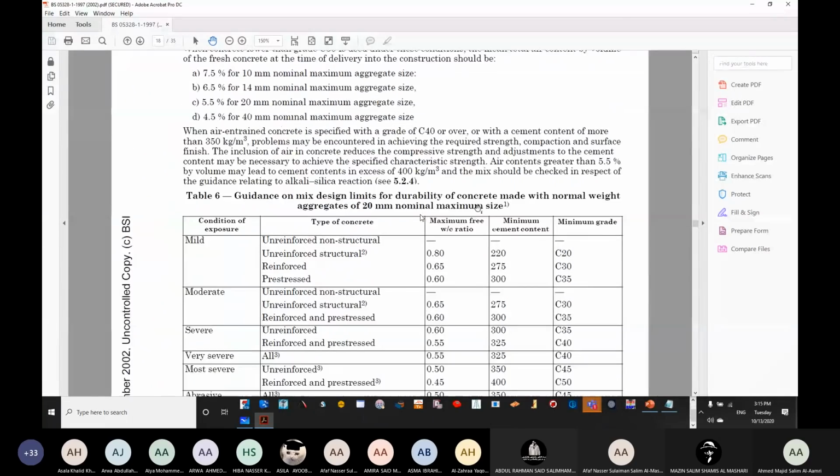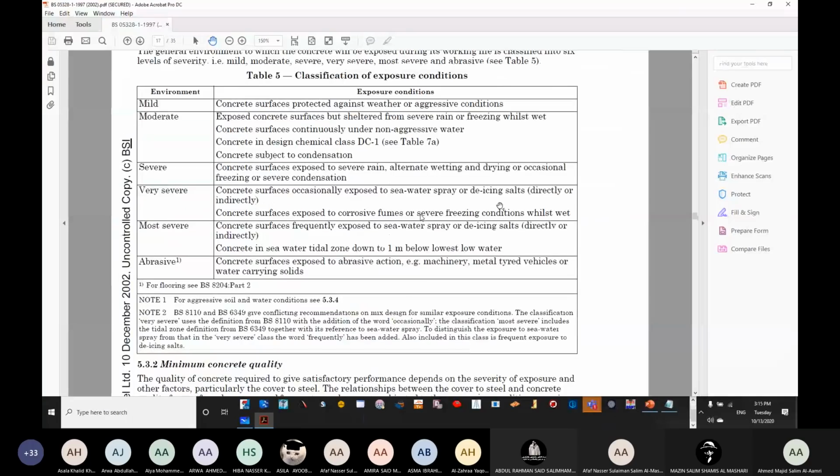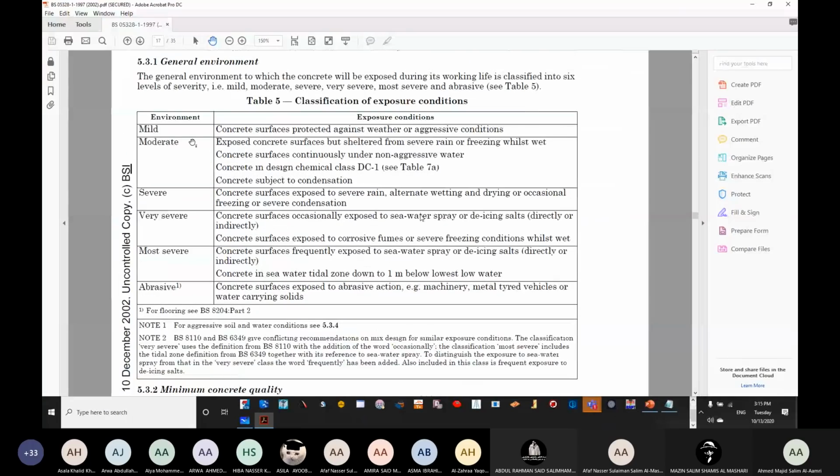Okay, now if you see here, it has been defined by the code, whether it's BS 5328, which is for specification of concrete, or BS 8110 as well. It says for you, if you are mild condition, it means that you are protecting your concrete from weather. Okay, so we are talking about the general weather where there is humidity, the condition is going to be mild.